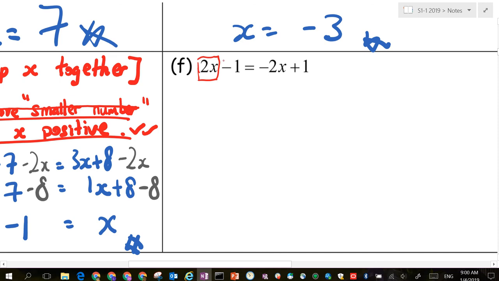Haris, can you tell us, do you want to remove the 2x or remove the negative 2x? Negative. Now, let's try whether he is correct or not. How do I remove negative 2x? Haris, what must I do on both sides? Plus 2x. Can you write down using your pencil? I want to plus 2x on both sides.